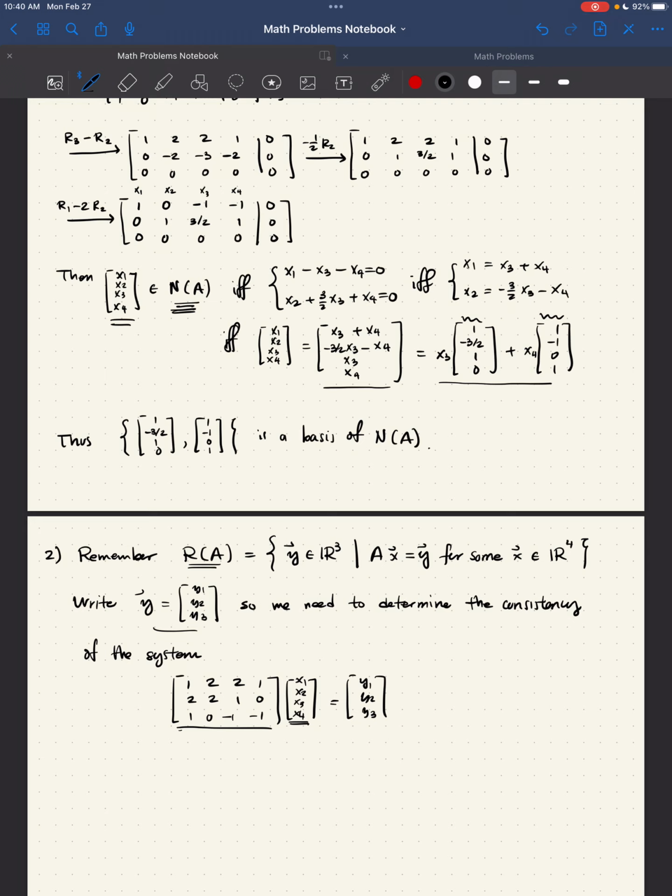Well, in the following way. Remember that consistency of a system is associated with the zero rows to the left of an augmented matrix. So, let me summarize it in this case.